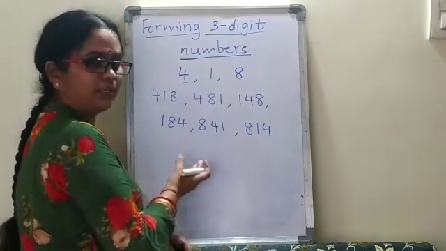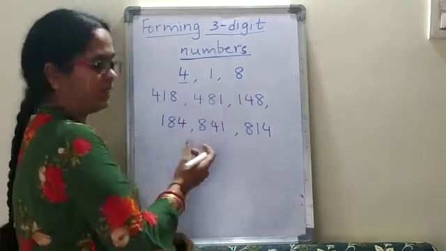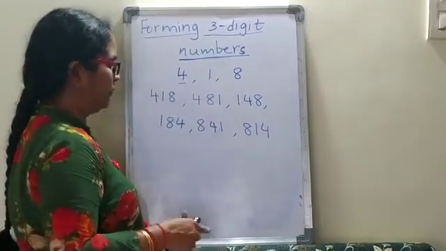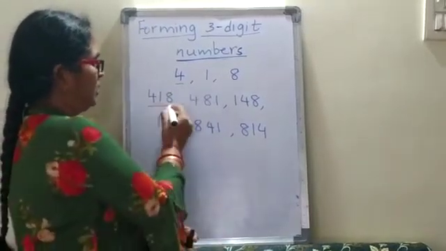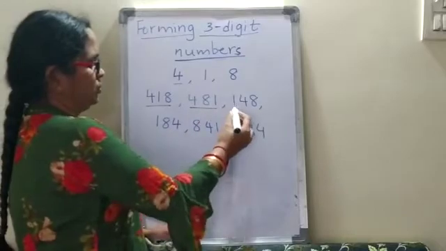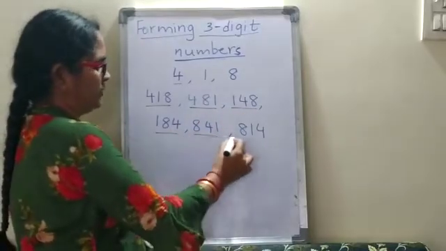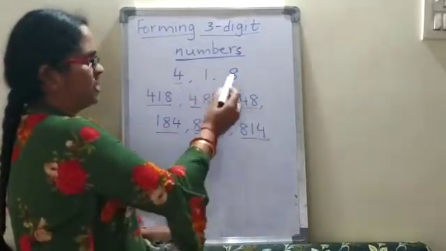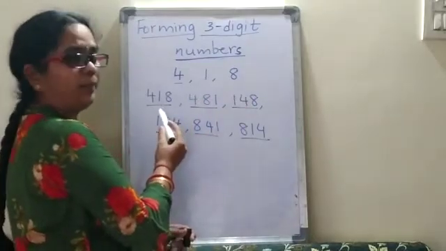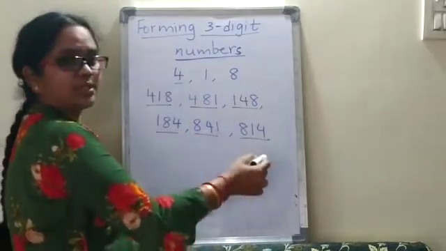Can we form any other number using these 3 numbers? So you can see here we have got 6 3-digit numbers, 1, 2, 3, 4, 5, 6. So using these 3 numbers we can form 6 3-digit numbers.